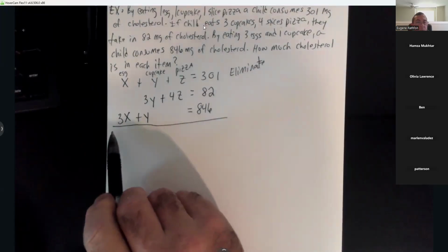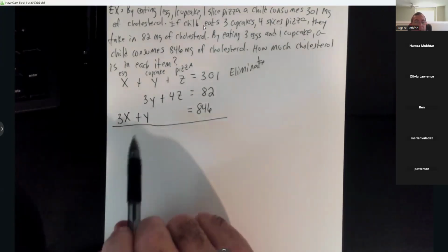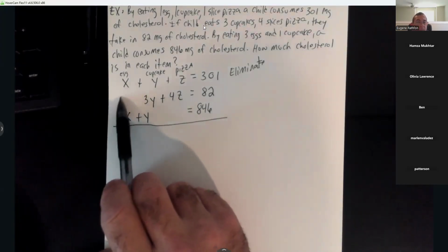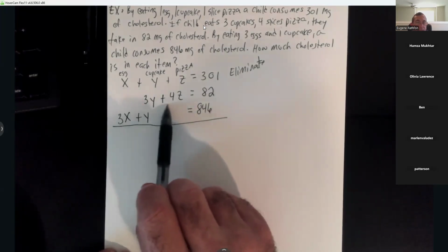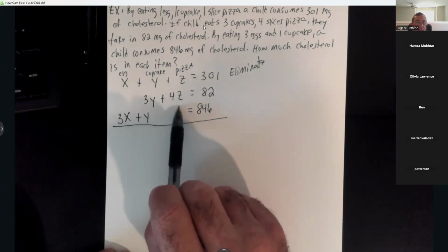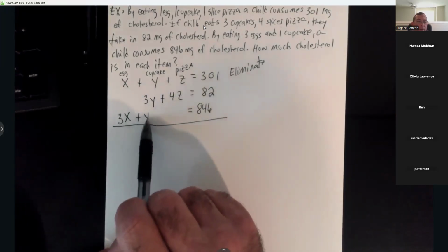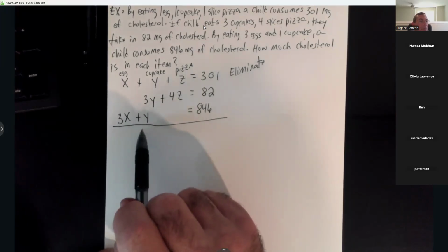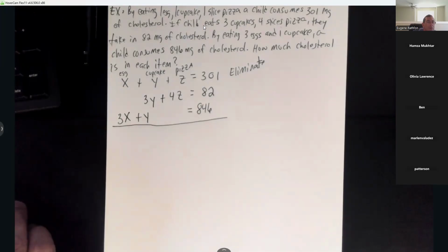All right, so y'all on this one, I'm either going to eliminate the X's because this one's missing an X, or the Z because that one's missing a Z. Now you could do the Y. You could do -3 here and add them two. So it don't matter.